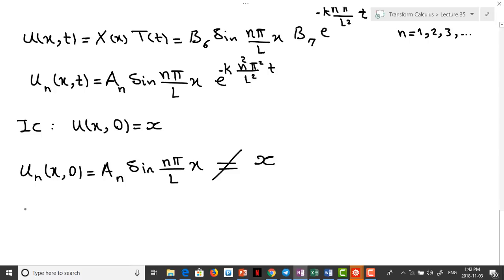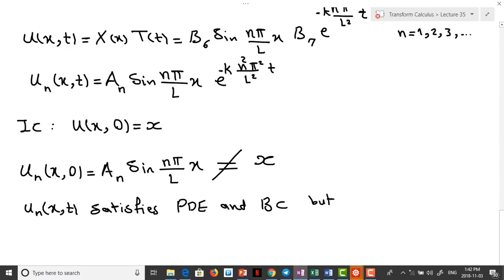So we say that un of x and t satisfies heat equation or partial differential equation and boundary conditions, but does not satisfy initial condition.